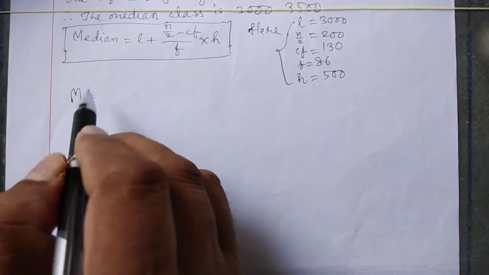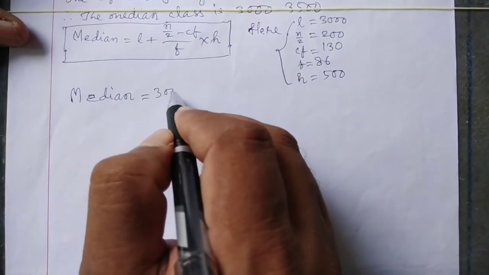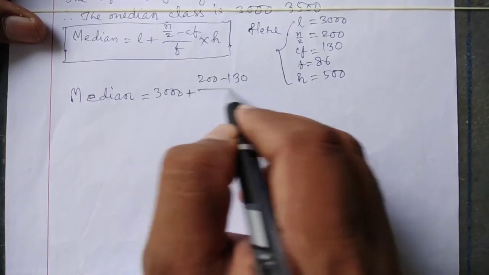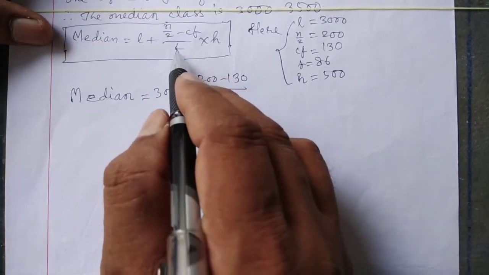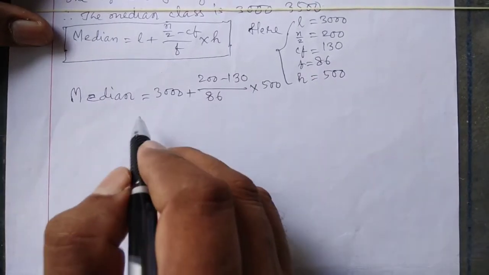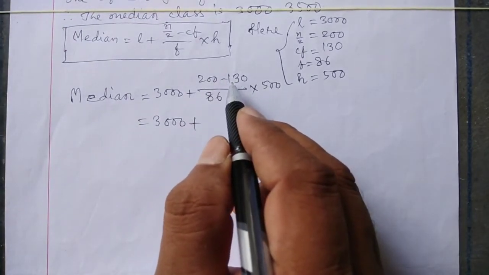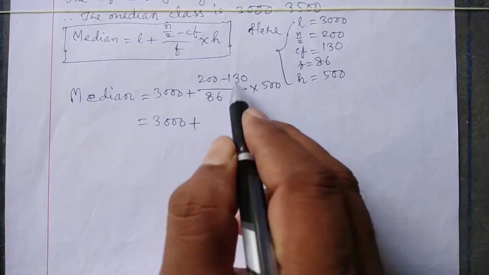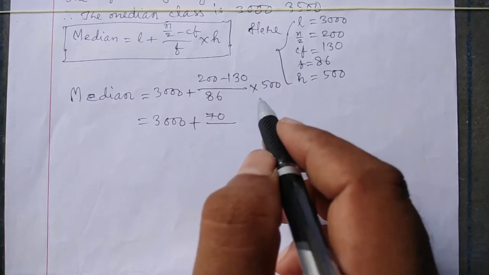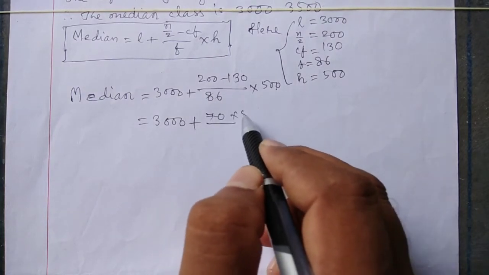Median is equal to 3000 plus (200 minus 130) by small f 86 into 500. That is 3000 plus 70 by 86 into 500.